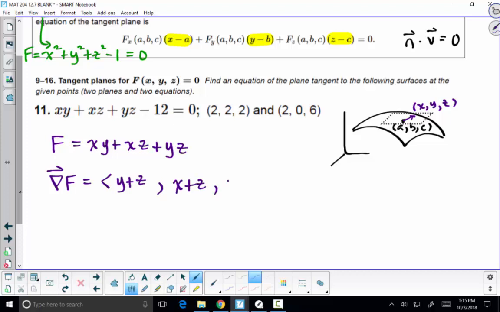Partial with respect to z gives us x plus y. This is normal to the surface. It's not normal to the hypersurface, but it's normal to the surface. Right, the gradient of the hypersurface is normal to the surface.